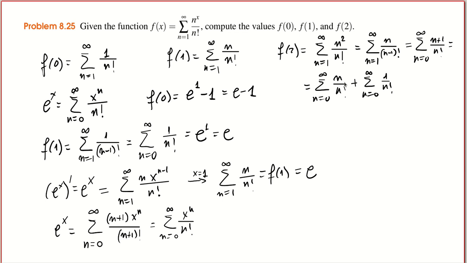So you can eliminate the term n equal to 0 and start at 1. Once we realize this, we can see that this is just f of 1. And this term here is e. So f of 2 is f of 1 plus e. F of 1 was e, so f of 2 is equal to 2e. So that's the answer to this problem.